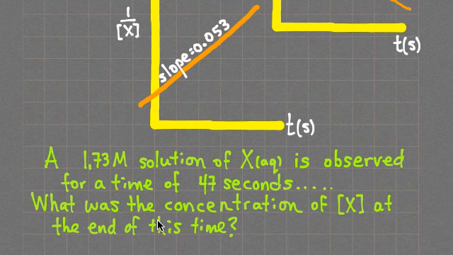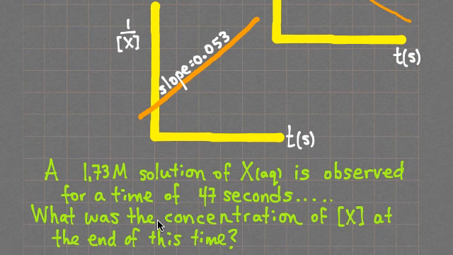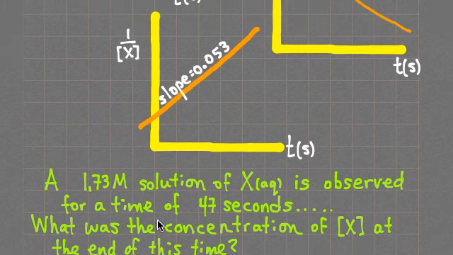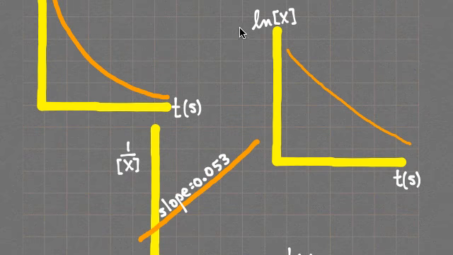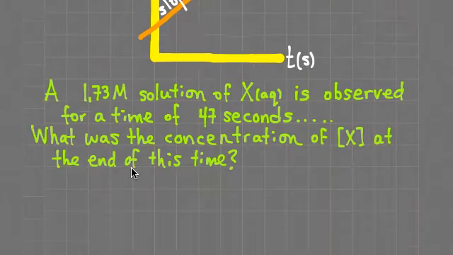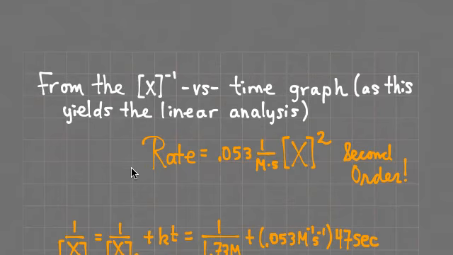Well, if you followed along with the previous video clip on the first order integrated equation examples, this is going to look very similar. The math is different. It's not the natural logarithm as it was with first order. It's the reciprocal, but everything else pretty much stays very similar or analogous.